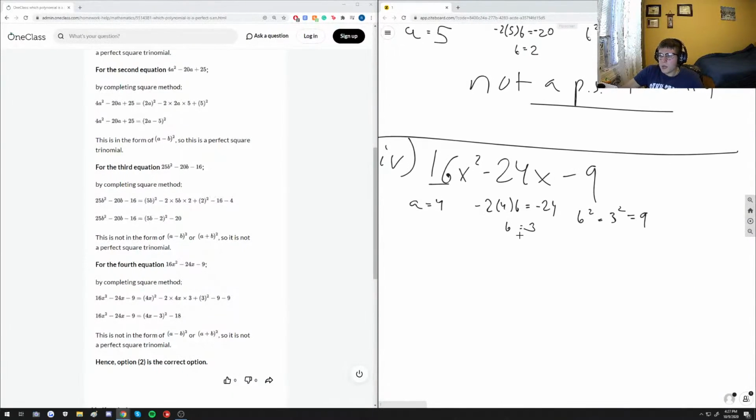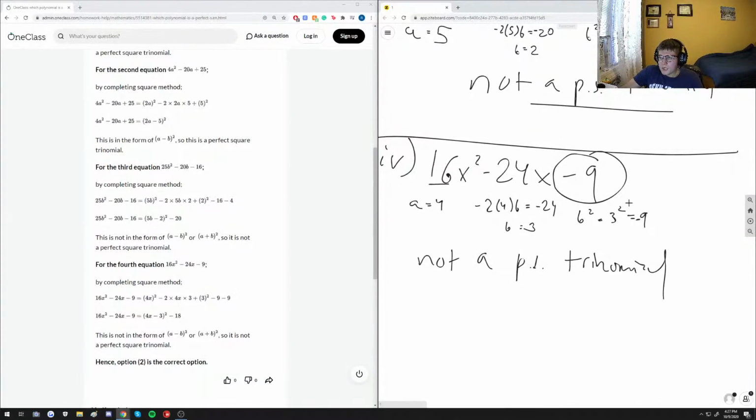And also, b squared equals 3 squared has to equal negative 9 because we do have to consider the sign here. So ultimately, we would assume that it could be factored, but because of the signs, it actually can't be factored. So we say that it is not a perfect square trinomial.